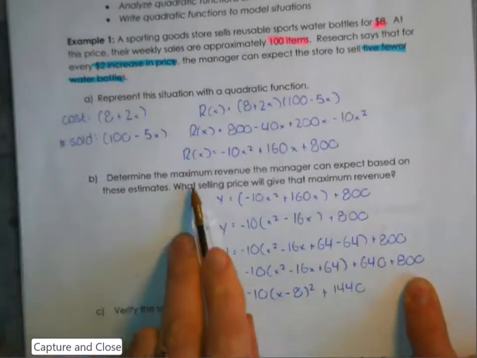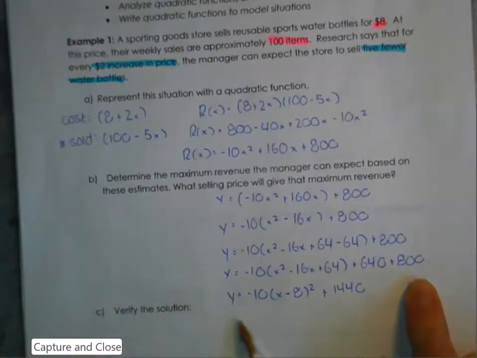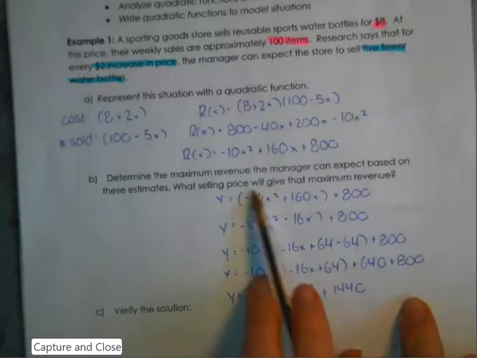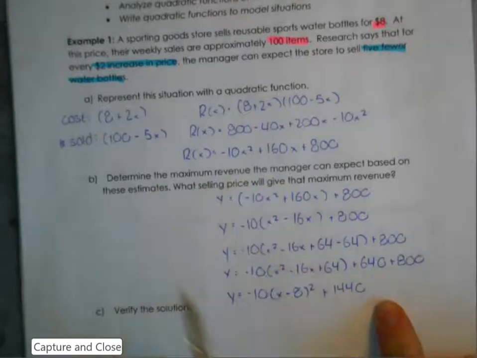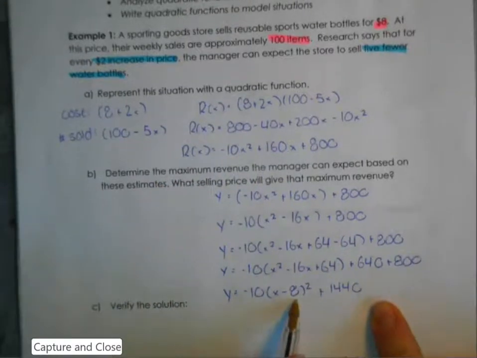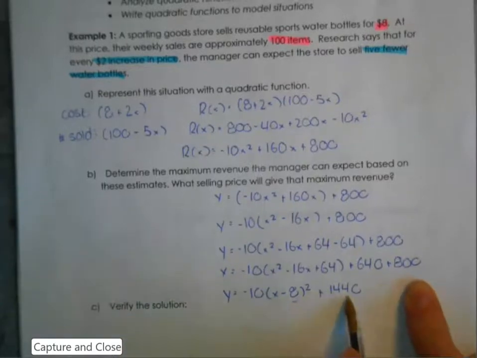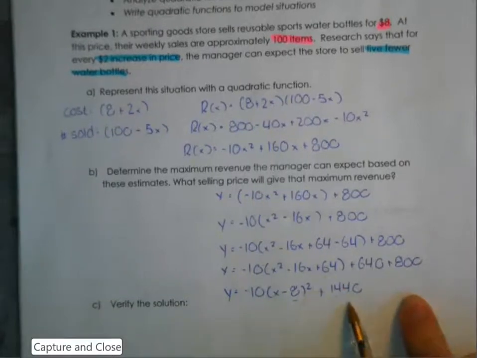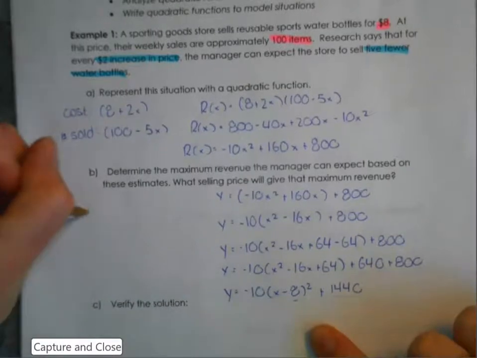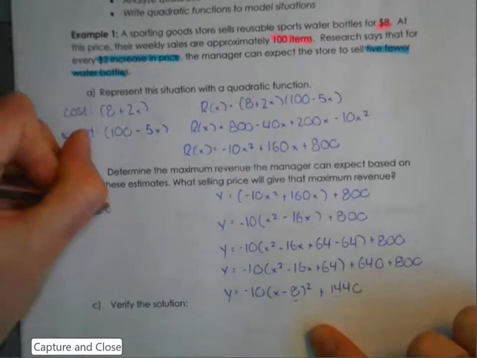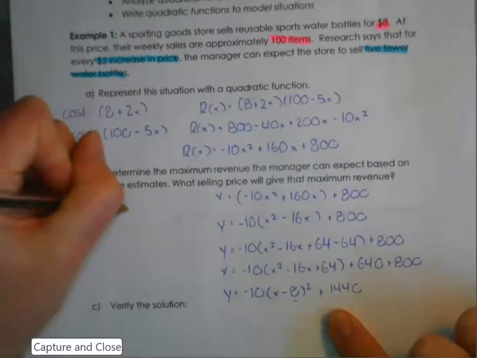Okay, so now that we have our values in standard form, what is the maximum revenue they can expect? Remember, this here is our p-value, or the x-coordinate of the vertex, and this is our q-value, or the y-coordinate of the vertex. The y-coordinate is going to give us our revenue, so we can say maximum revenue is 1440.